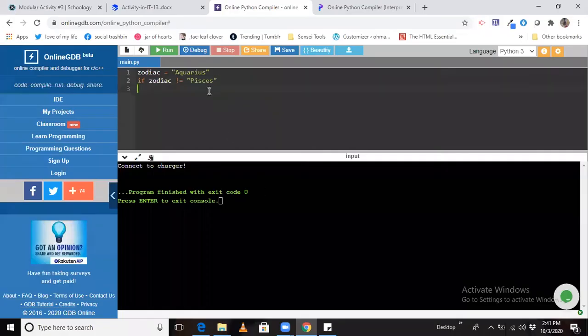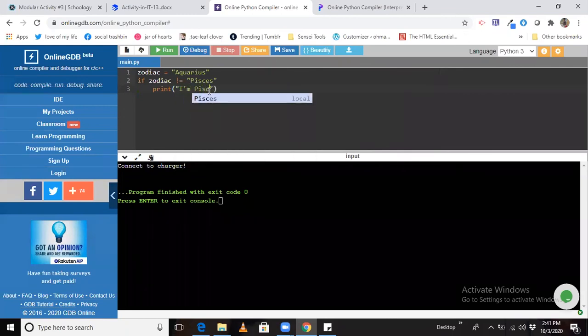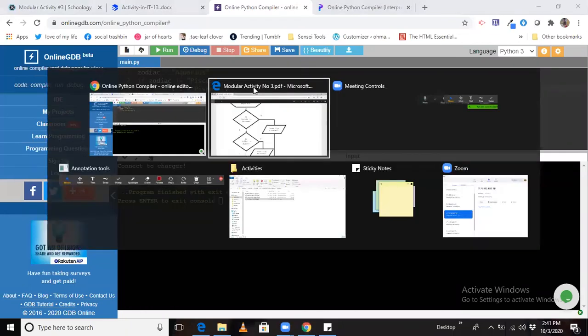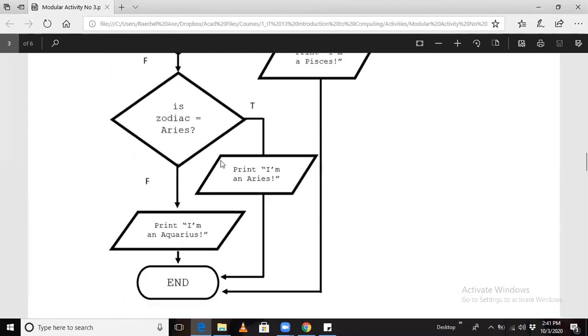Print I'm Pisces. Tapos, meron tayong another condition.